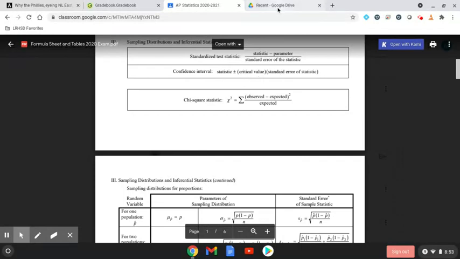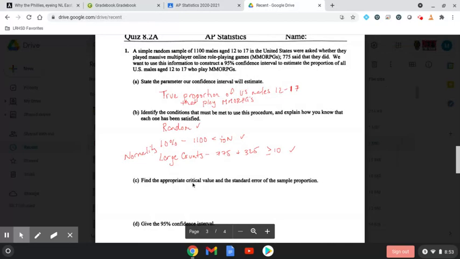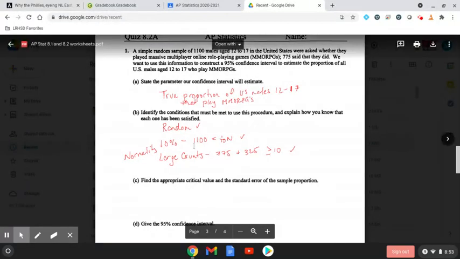Now, your critical value is dependent on your confidence level. Most of the time, we will do one of the following: a 90, 95, or 99% confidence interval. So these critical values will be repetitive because I've already seen them. But here's what I want you to think about: how you find these numbers.